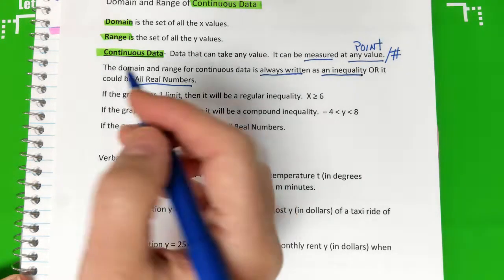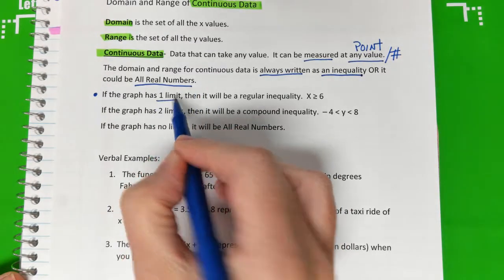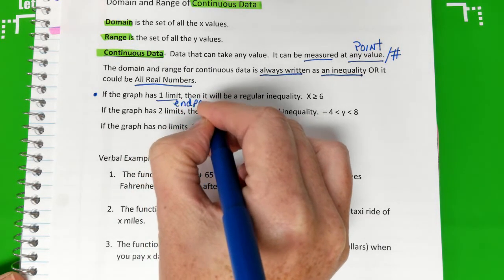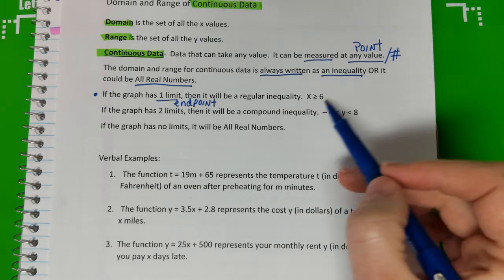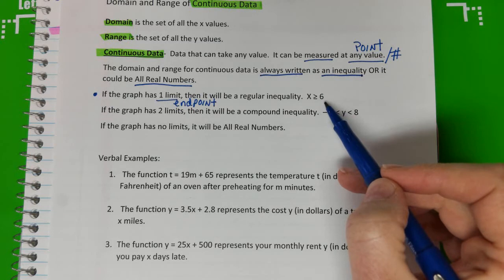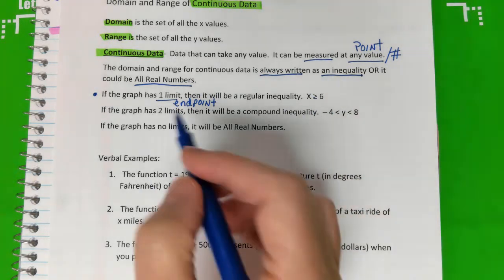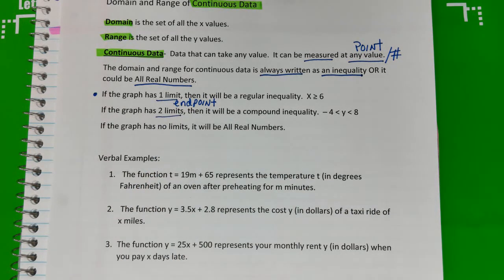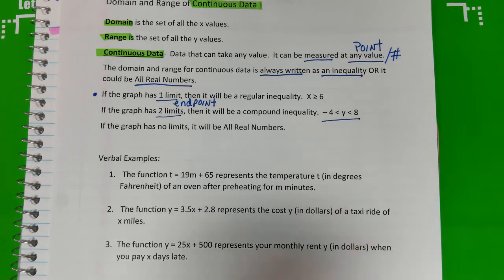If our graph has one limit or one endpoint, and I'm going to show you some examples down at the bottom, then it's going to be a regular looking inequality like this. That would be an example of a domain because we're using x. If the graph has two limits or two endpoints, then we're going to actually write what we call a compound inequality.